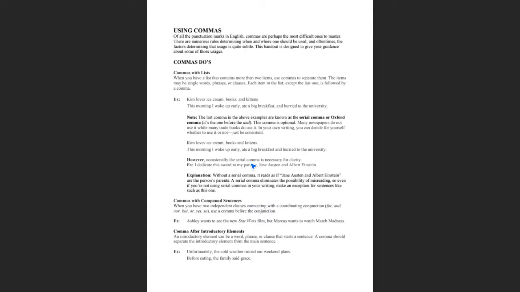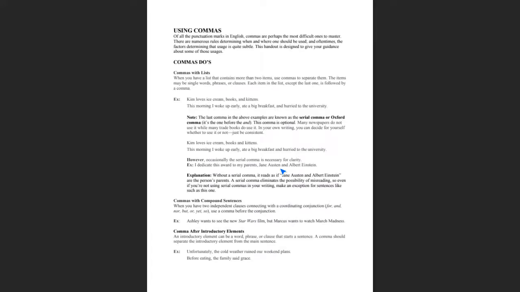But that's not what the person means. The person is dedicating the award to the parents, Jane Austen, and Albert Einstein. So to make sure that there is a difference between these two, the comma there is necessary. So once again, you want to use those commas in terms of clarity.